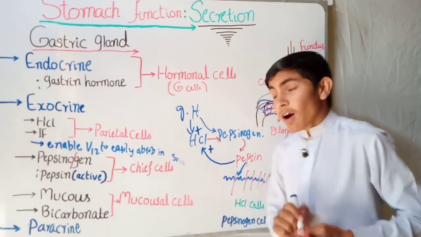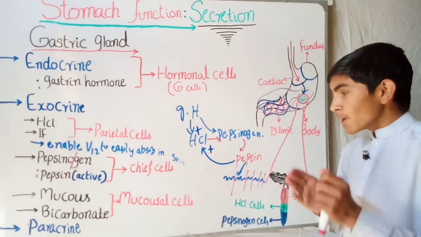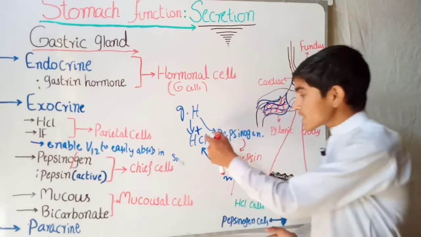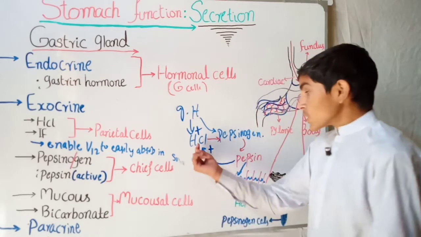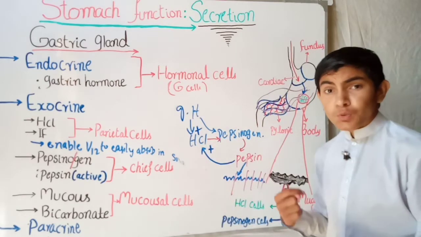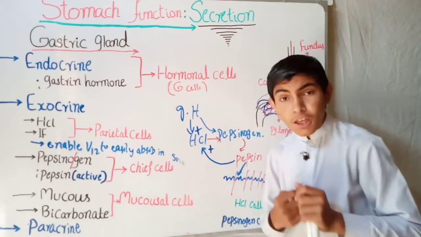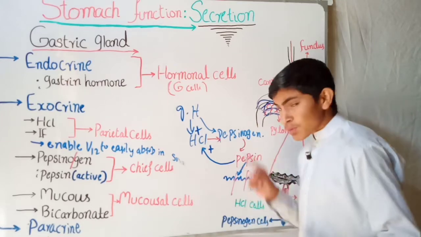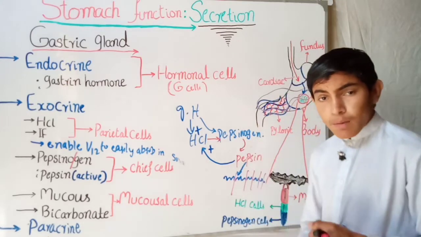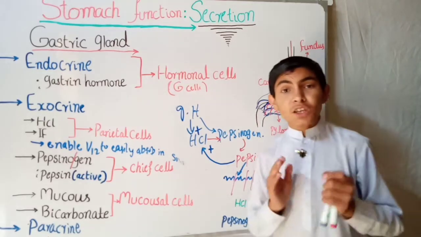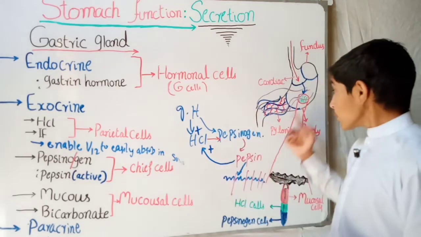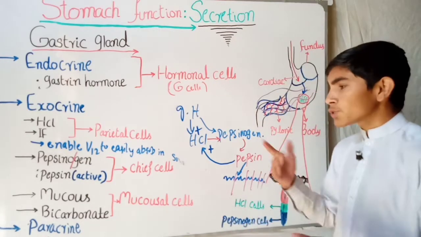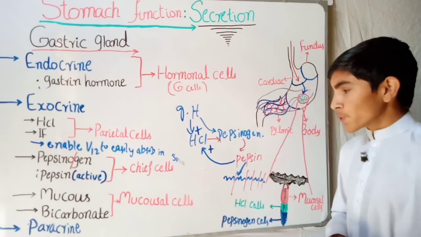So now the HCl amount will be increased in the stomach, and the conversion of inactive pepsinogen to active pepsin will also increase, and then the breaking down of the large protein molecule into smaller chains of amino acids will also increase. This way the chemical breakdown of the food in the stomach will increase, and it will be easier for our body to digest the food.